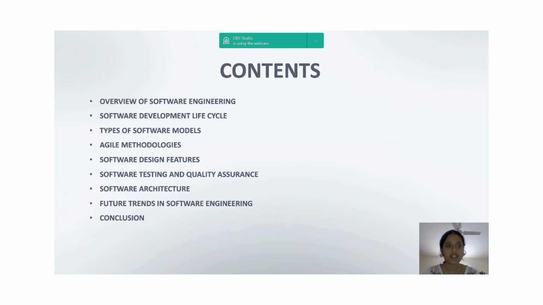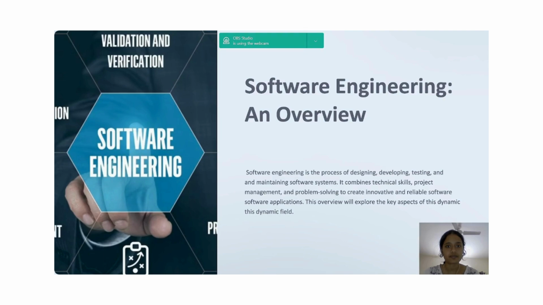Now, let us see the overview of software engineering. So, software engineering is a systematic discipline approach to the design, development, testing, and maintenance of software. So, this aims to produce high quality software which will meet the user requirements and it is reliable and maintainable also. So, the stages in development of software is called the software development lifecycle.